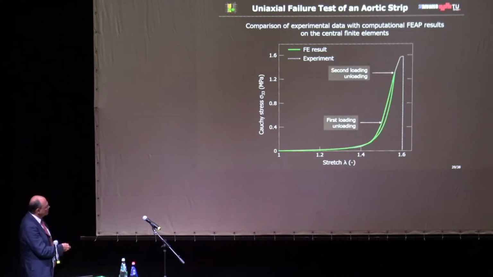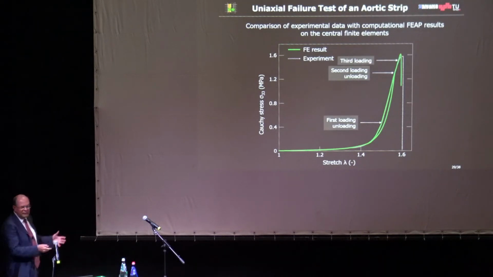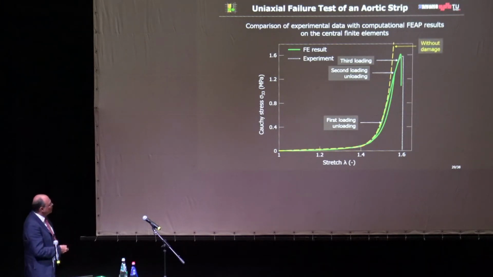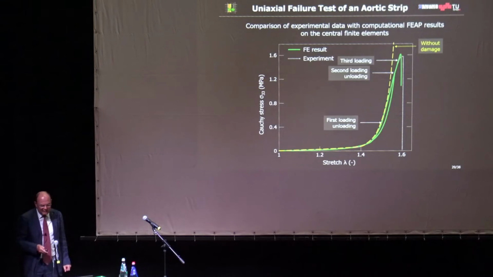This is the second loading cycle where you already see a dissipation here. So you have some damage, and finally this is the third loading where we have the rupture. When you don't include damage, then you have a purely elastic curve where you never get the softening, which makes sense. So that works quite well.